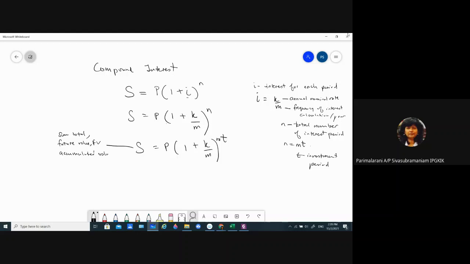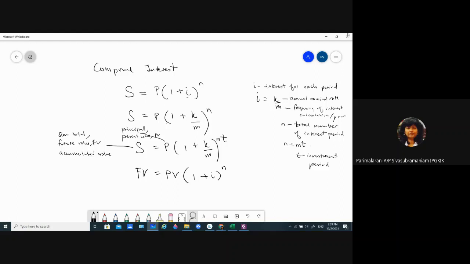Accumulated means what you collect over the number of periods. The P here represents the principal, or we can also call it present value, PV. So sometimes you see the formula written like this: FV equals PV into 1 plus I, power of N.